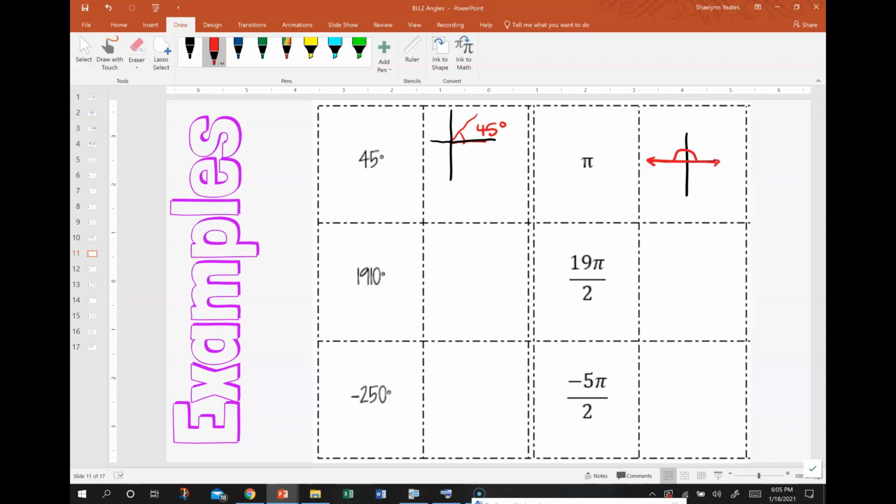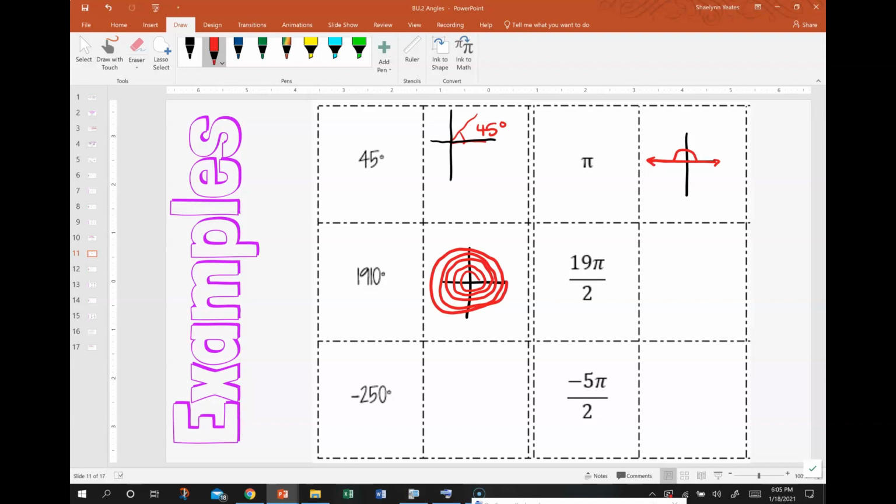Okay, 1910 would be, if I had my axes, I'd rotate 360 a couple of times. Exactly 5 times. So we rotate starting here. We go 1, 2, 3, 4, 5.